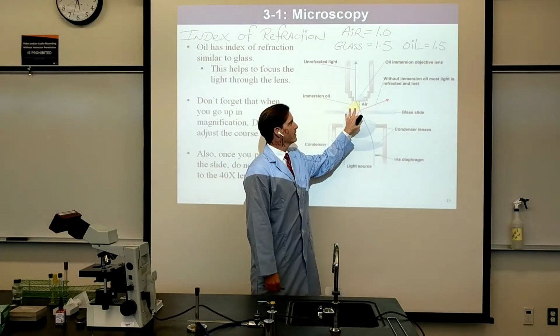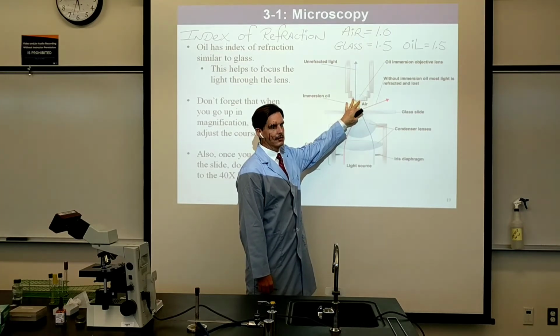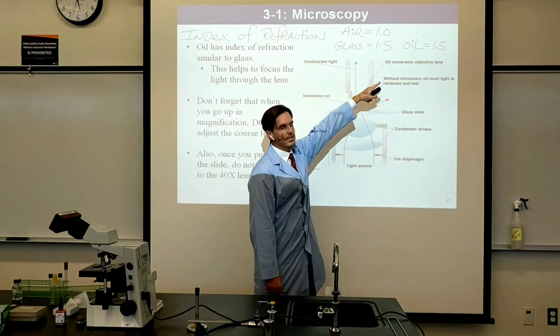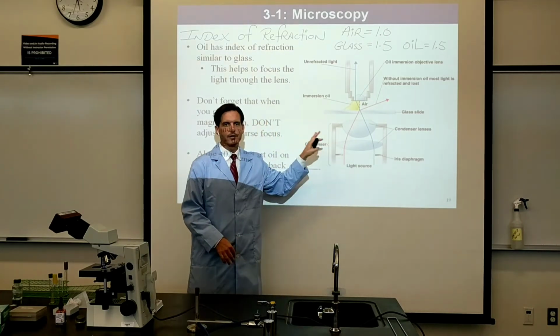And so essentially you have a sealing out of the air, which not only helps to trap the light, but it also keeps the index of refraction consistent, which means less disturbance, which means a clearer image.